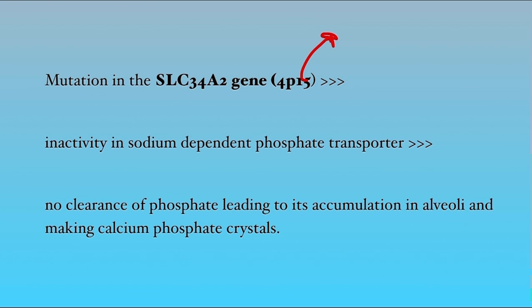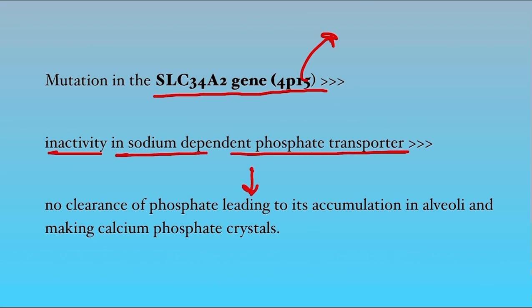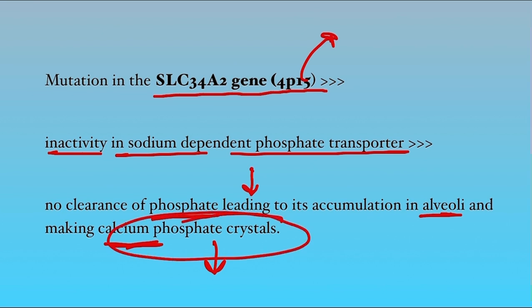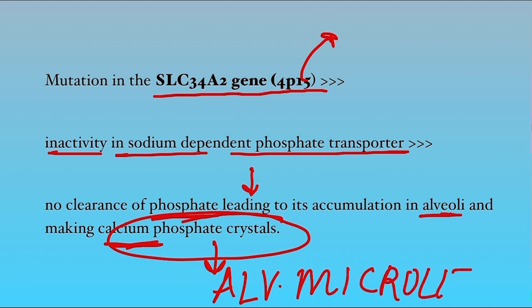What happens is whenever the SLC34A2 gene and 4p15 chromosome mutation occurs, there is inactivity in sodium dependent phosphate transporter, which leads to non-clearance of phosphate, which leads to phosphate deposition in alveoli, and phosphate in turn attracts the calcium, and ultimately we have calcium phosphate crystals deposited in alveoli, which is an entity called alveolar microlithiasis.